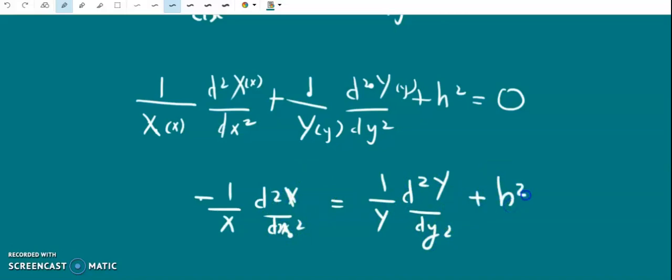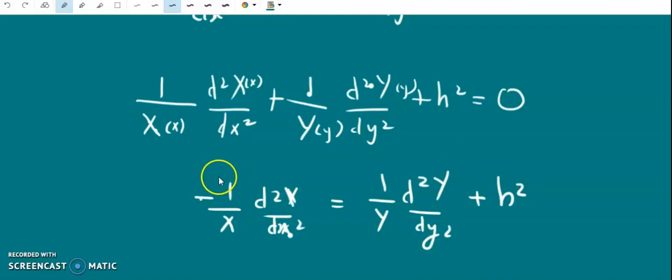We can see that the left side of this equation is a function of small x alone and the right side is a function of small y alone. Since this equation should hold for all values of x and y, whatever be the value of small x and small y, this equation should be true.